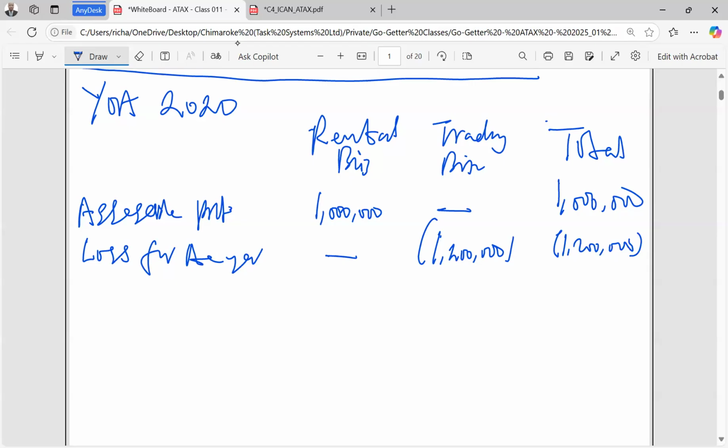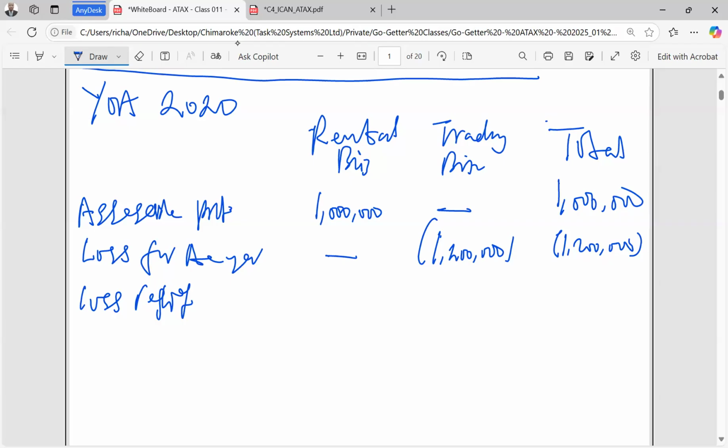Now, what we are saying is loss relief. Loss relief here is that this is the brother of this, and he's making a loss of 1.2 million, while this person has 1 million sitting in his hand. It will now go to his brother and say, please, I have a debt of 1.2 and you have 1 million. Please, can you clear my debts?